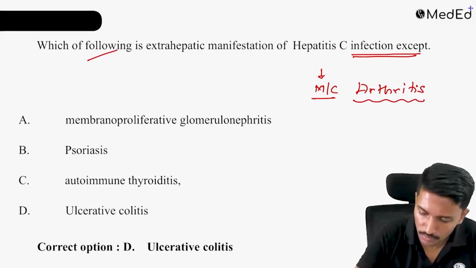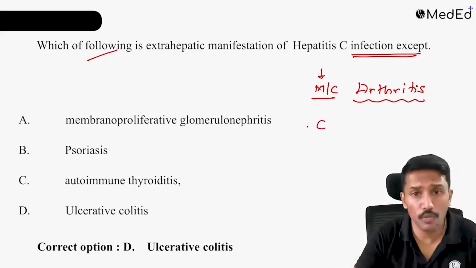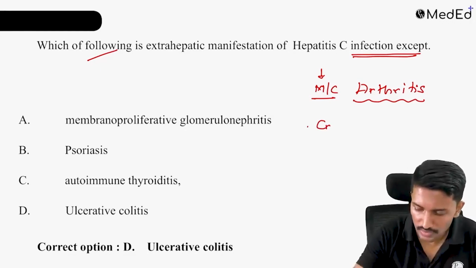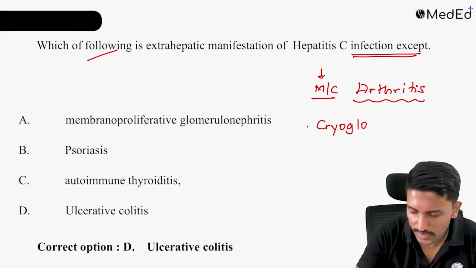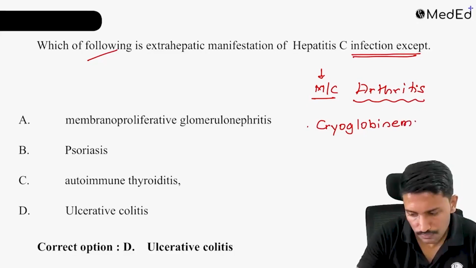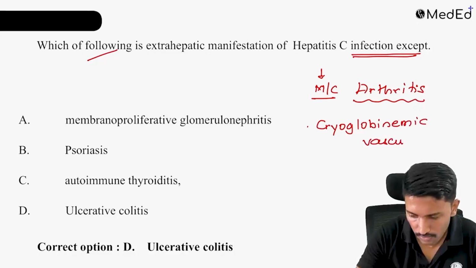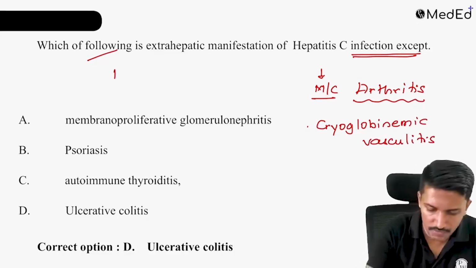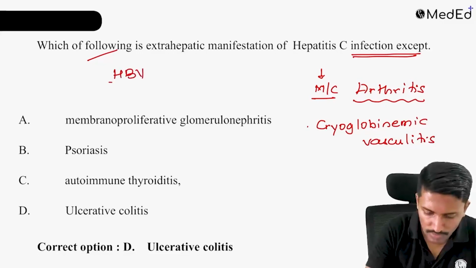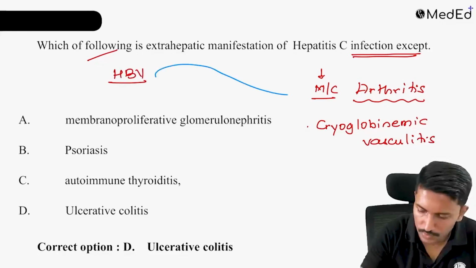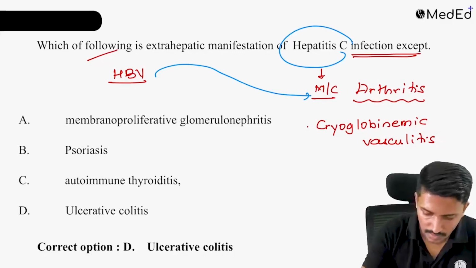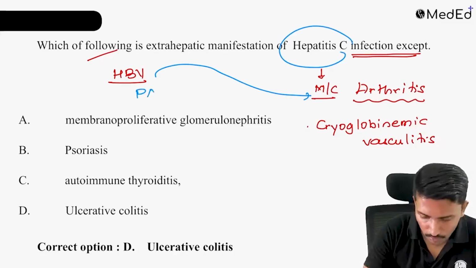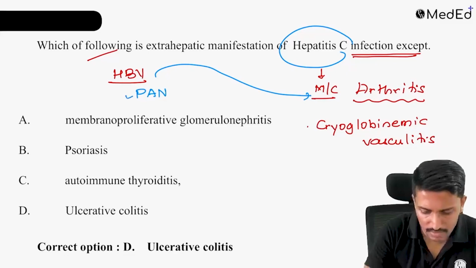right? And there you have to remember a form of vasculitis called mixed cryoglobulinemic vasculitis. And in patients with hepatitis B virus infection, the most common will also be arthritis, but other than that, they are prone to develop polyarteritis nodosa, right?